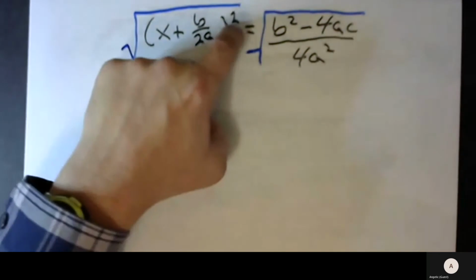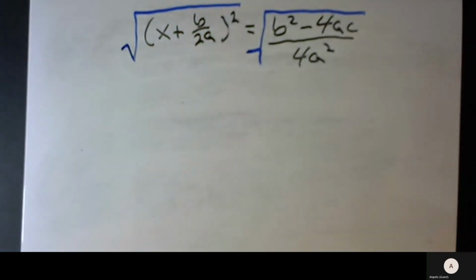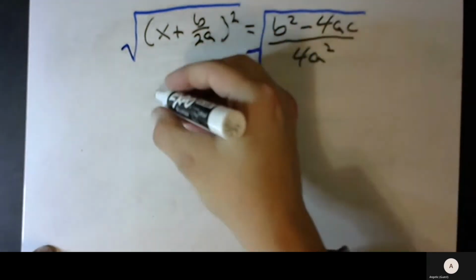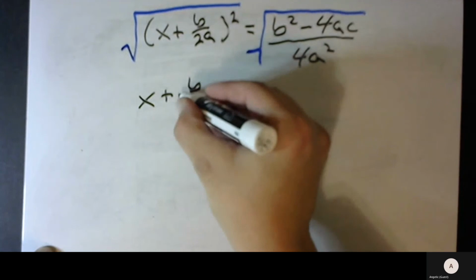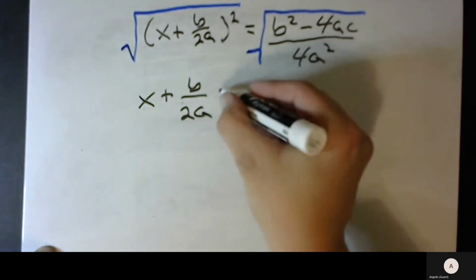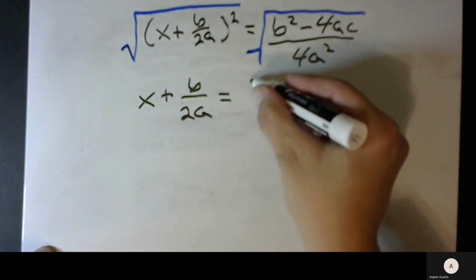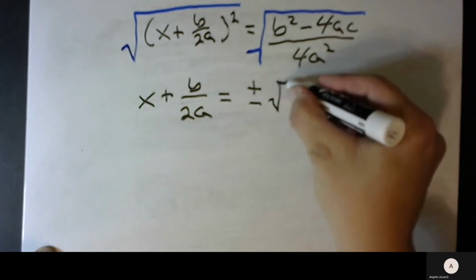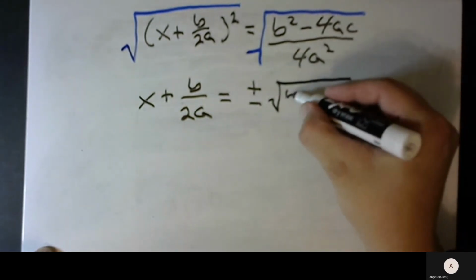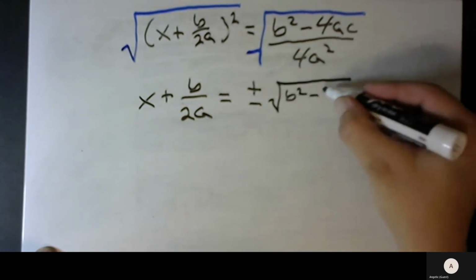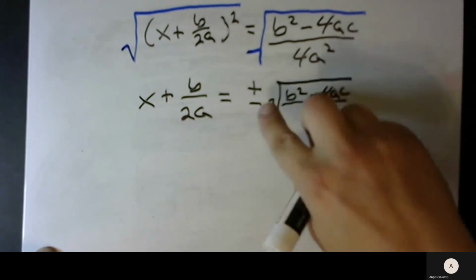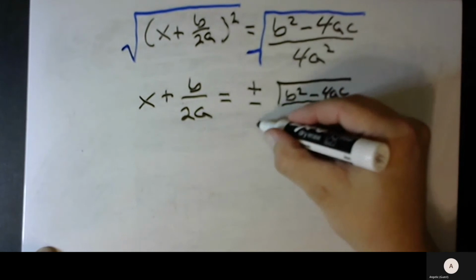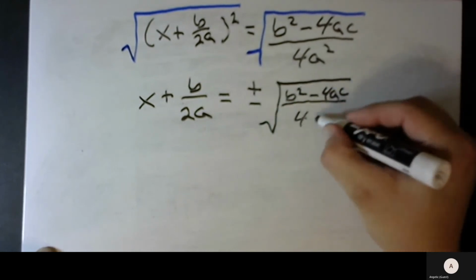Well, squares and square roots are also opposites. So they'll cancel each other. And what we're going to get is x plus b over 2a equals, now here's a key thing, plus or minus the square root of b squared minus 4ac divided by, and this is all under the square root, 4a squared.